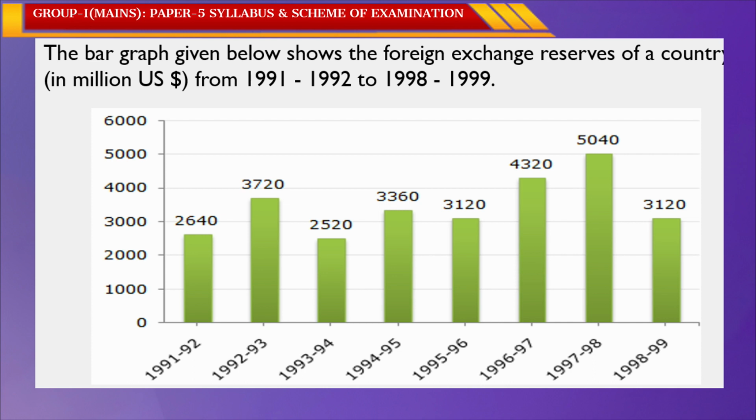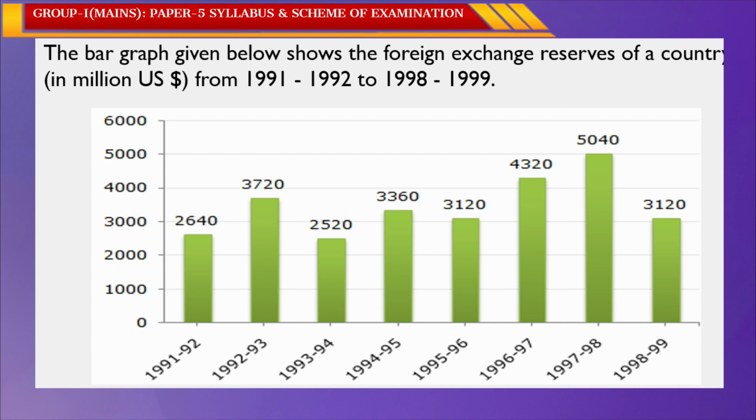Here a bar graph is given below, showing the foreign exchange reserves of a country in million US dollars from 1991-92 to 1998-99. So, from 1991 to 1998, this information is given in the form of a bar graph.